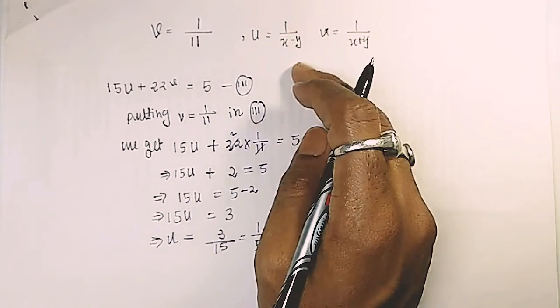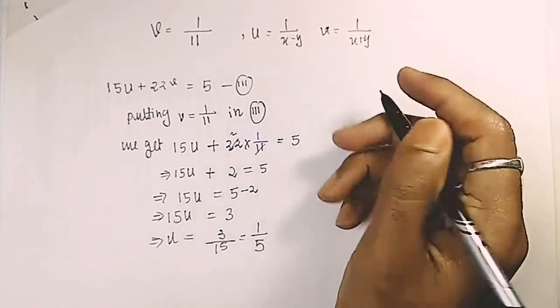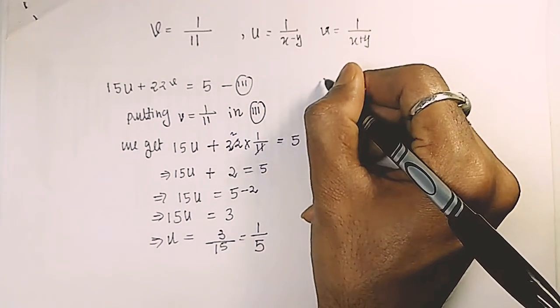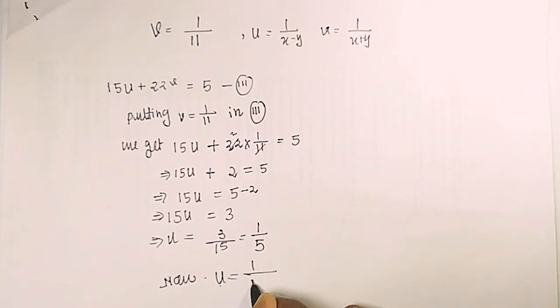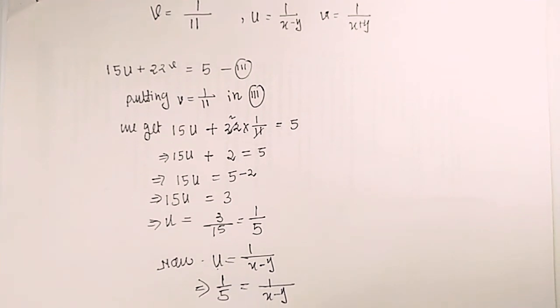But u means 1 by x minus y. So u equals 1 by x minus y, and u is 1 by 5. So 1 by 5 equals 1 by x minus y.